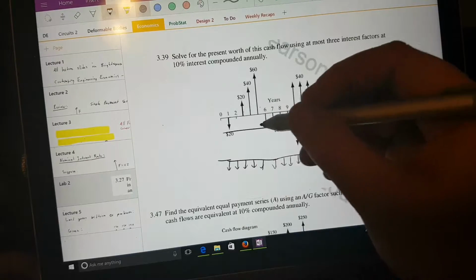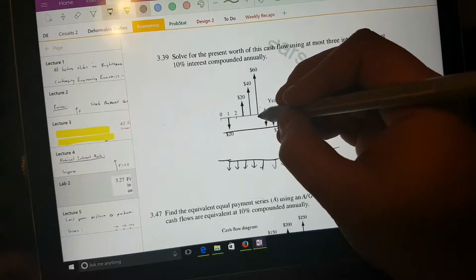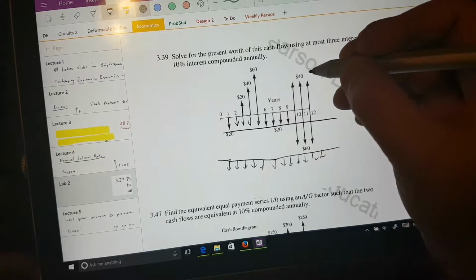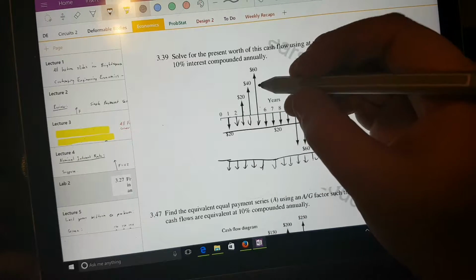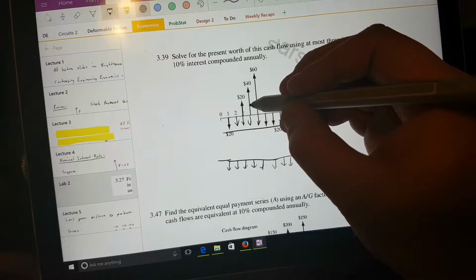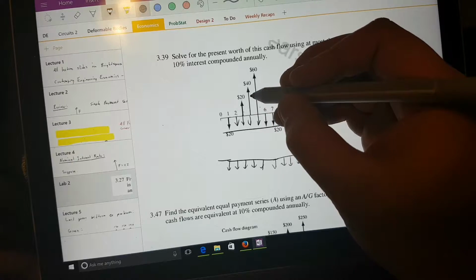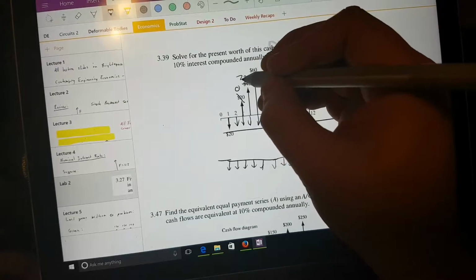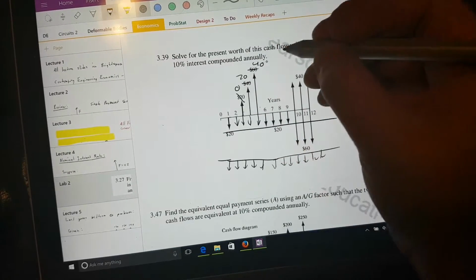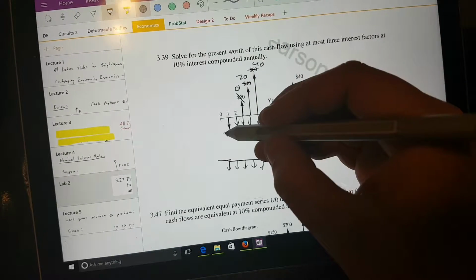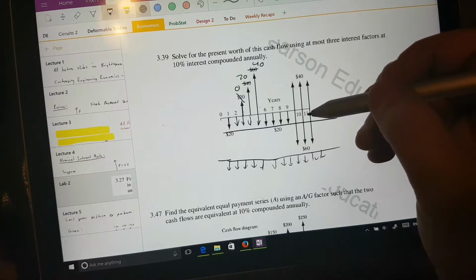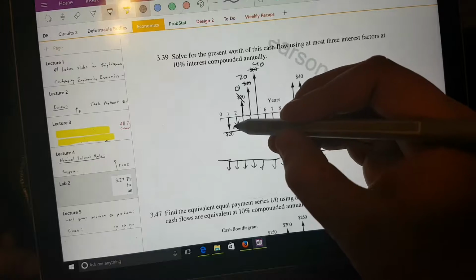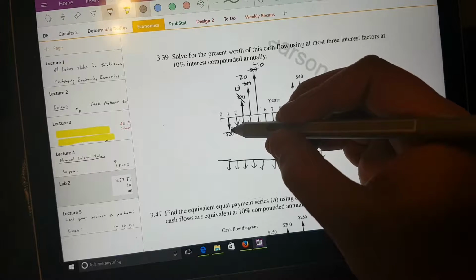So this would be an equal payment series, but these ones had this done to them, right? So this one would go to 0, this one would go to 20, and this one would go to 40. So I'd have that, and that would be a linear gradient series starting at year 1.